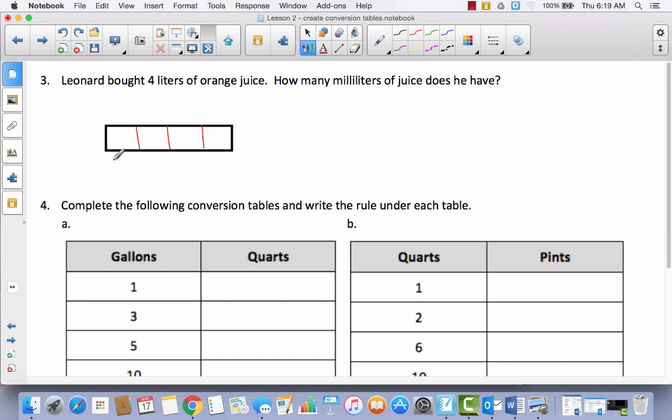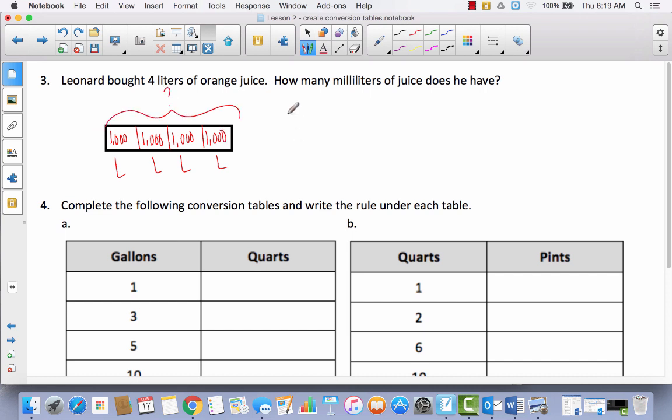So each of these is a liter. A liter, a liter, a liter, a liter, right? So how many milliliters are in one liter? I just about said it, didn't I? 1,000. So we're going to put 1,000 here. And each of these stands for milliliters. And I want to know how many milliliters he has in all.